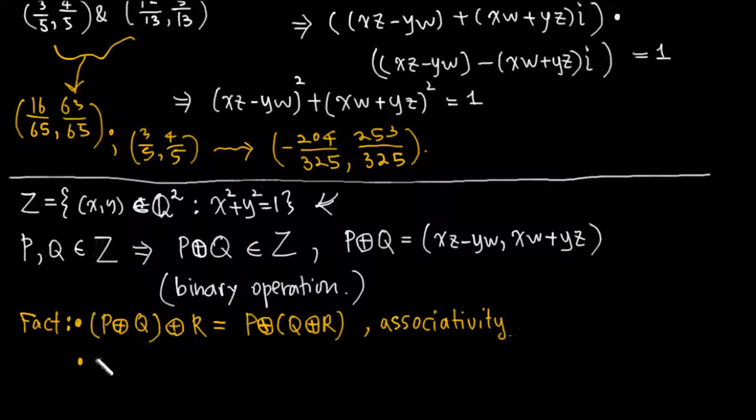Also, we have this interesting point E, that's (1, 0). That is definitely a point on this unit circle. Then we have this property that if you combine it with any point, you don't get anything new, but you go back to itself. If we interpret this as a kind of additive operator, then it serves as an identity or 0 element.